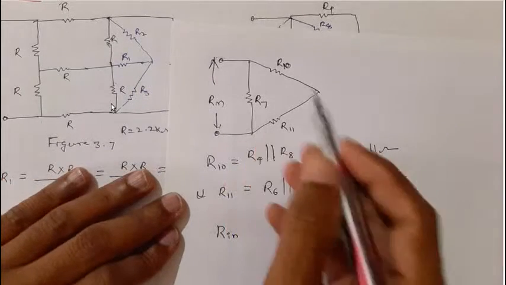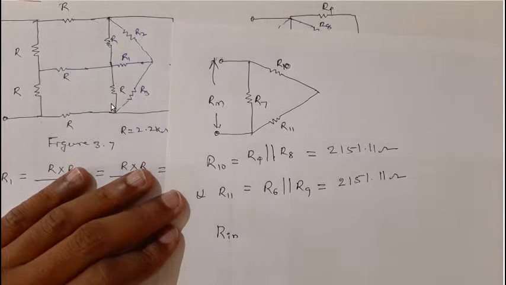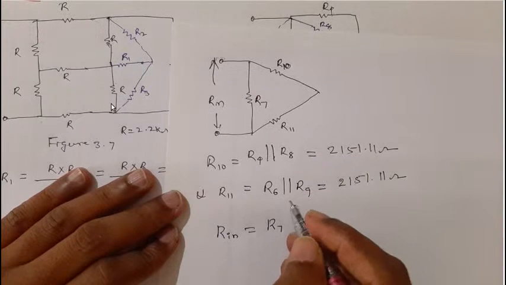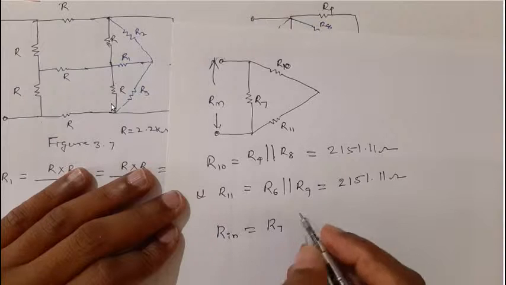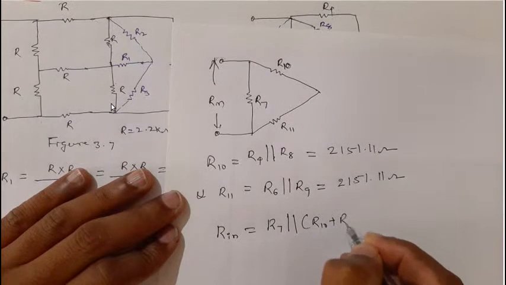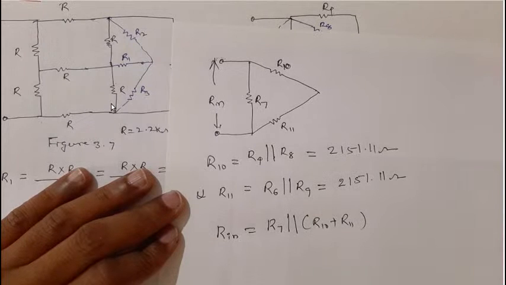So now the resistance R in from this network can be easily found. R in is equal to R7 parallel with the series combination of R10 plus R11, right?